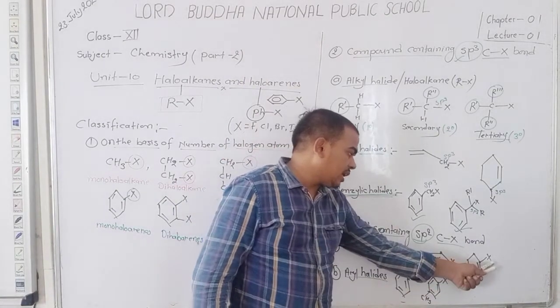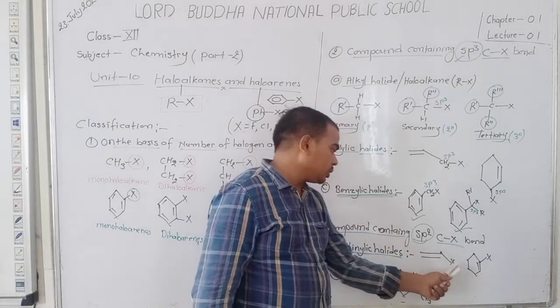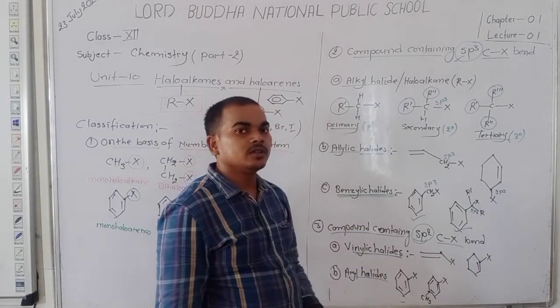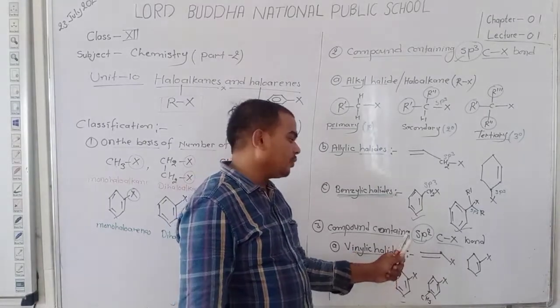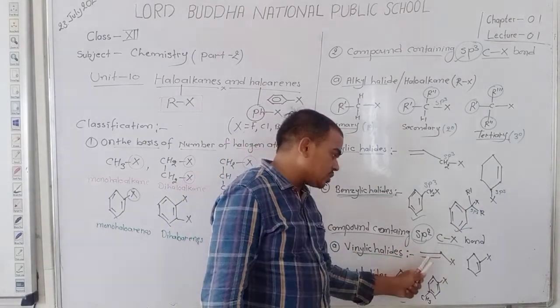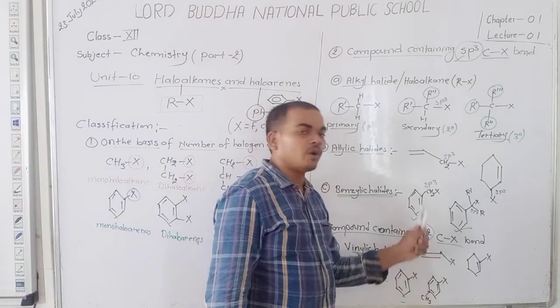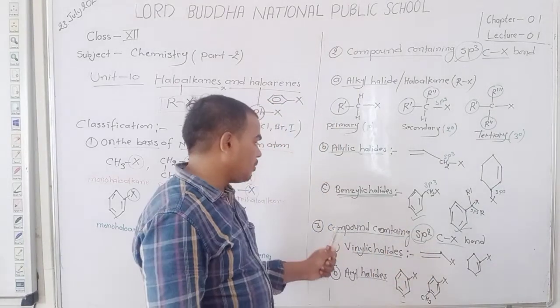A halide in which the halogen is directly attached to a double bonded carbon is known as a vinylic halide.